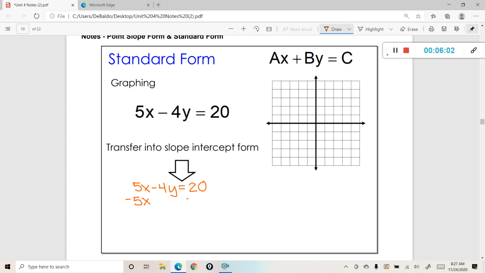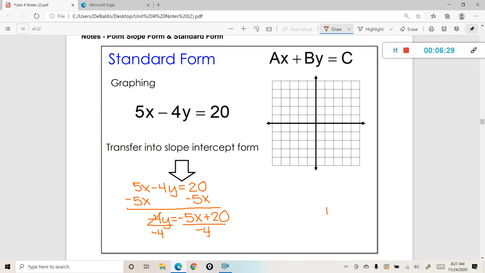All right, I'm going to subtract 5x first. And that's going to leave me with negative 4y is equal to, and I'm going to write negative 5x first because that's going to put me into slope-intercept form, plus 20. Now, I have to get rid of the negative 4, so I'm going to divide both sides by negative 4.